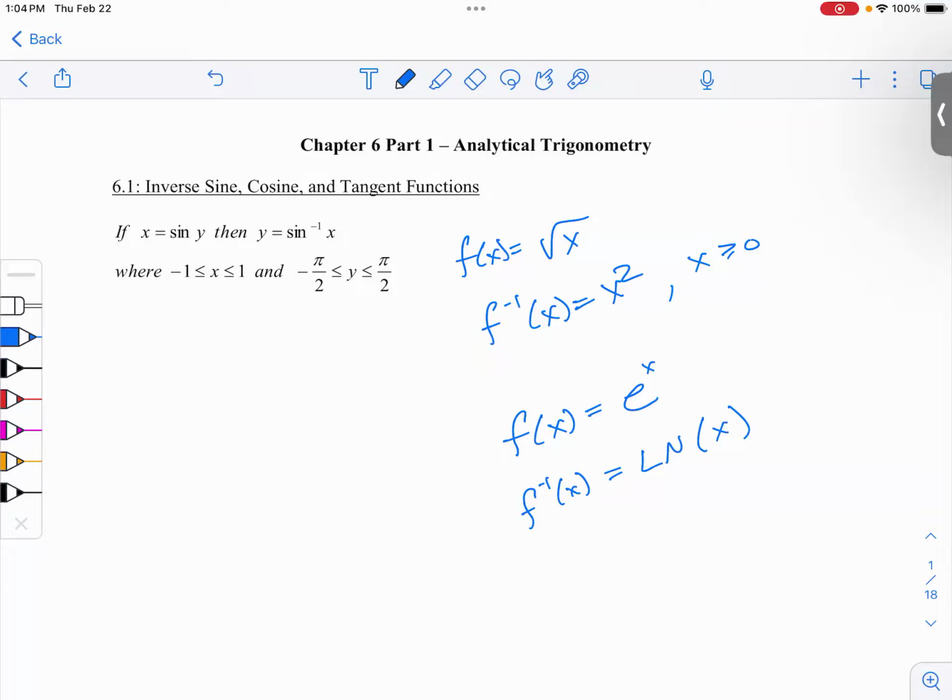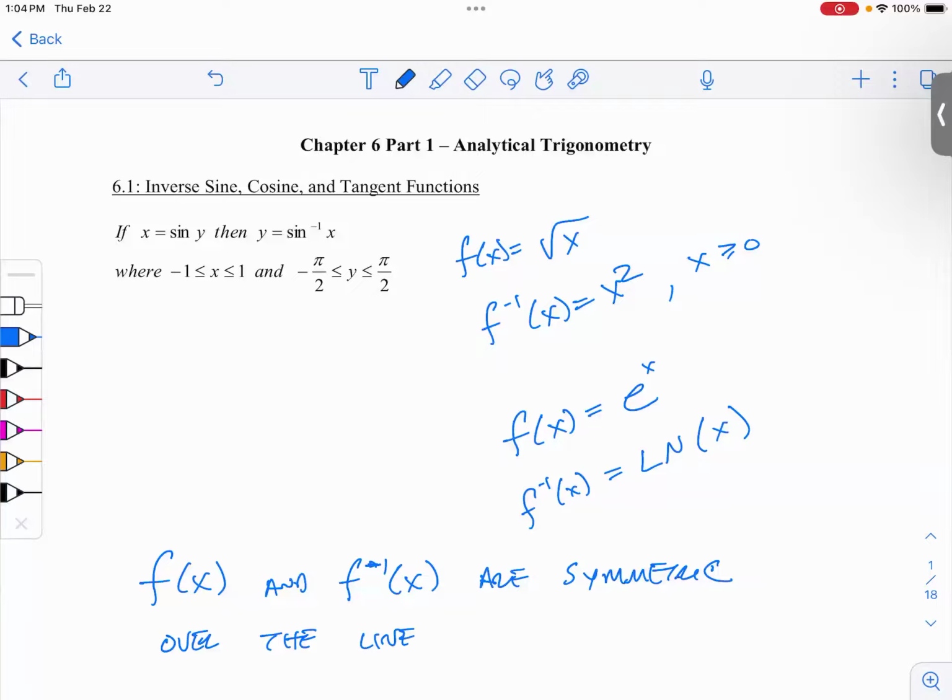And then just as a note, inverse functions are symmetric over the line... y equals, does anyone know?